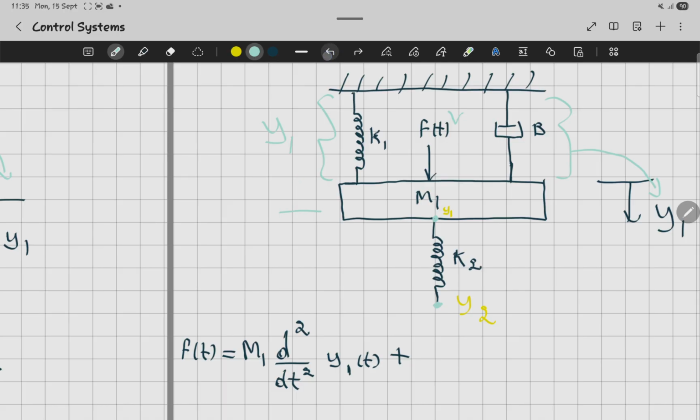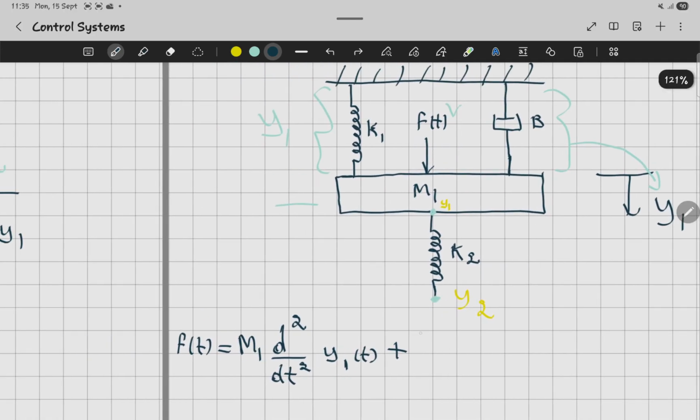Okay, then we're going to get this equation as it is. It's gonna be k1 y1 of t plus b, the first derivative dt of y1 of t.